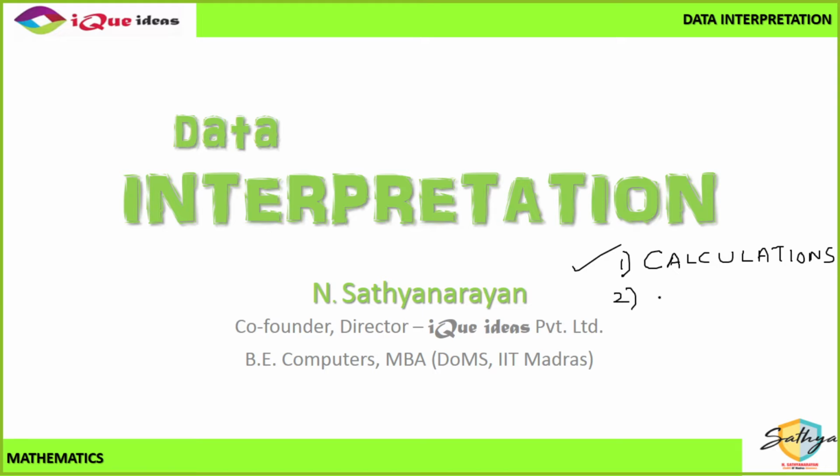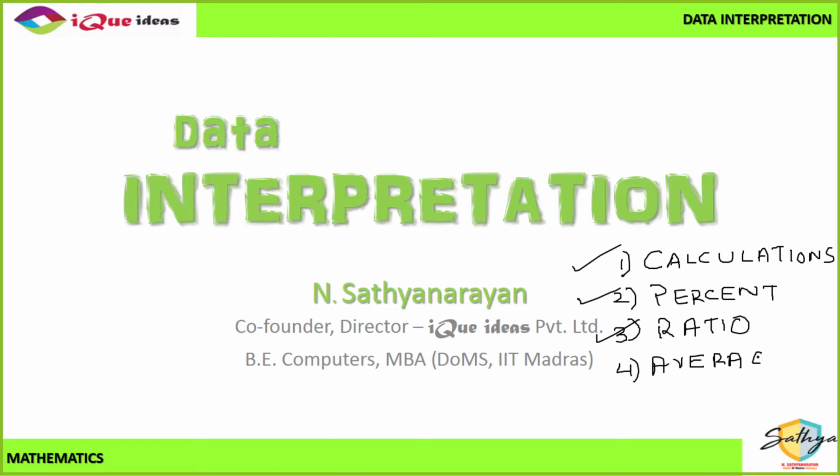Then, a very popular type of question is one which involves percentages in it. So you must know and understand the basic concepts of percentages. Third, many a times they ask questions which ask you to give the ratio between two numbers. So obviously you must know what ratios are, how they work. And fourth, averages are very commonly asked in questions of data interpretation.